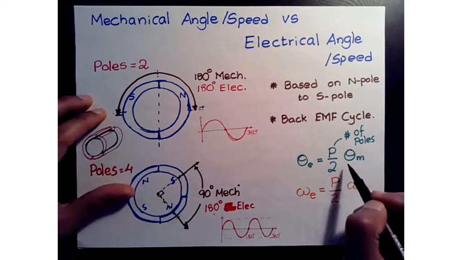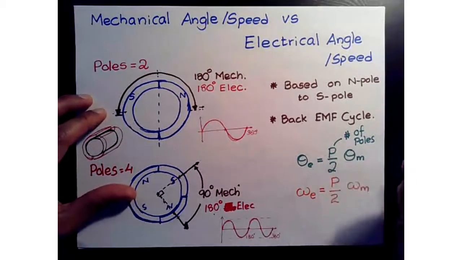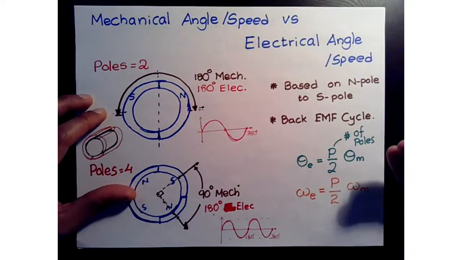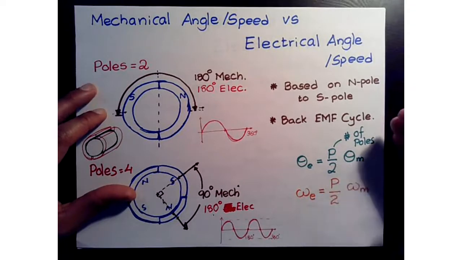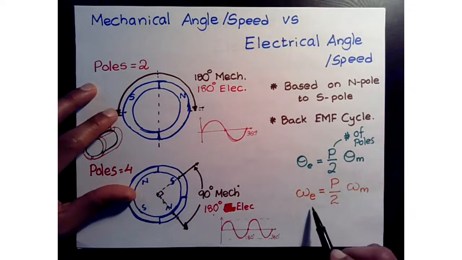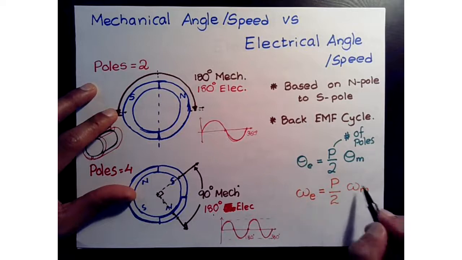And that correlates with our equation here. And since we know the rate of change of angle is the angular velocity, we can show that omega_E is basically P/2 times omega_M.